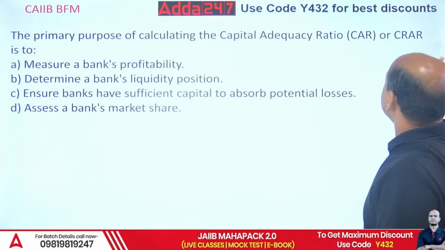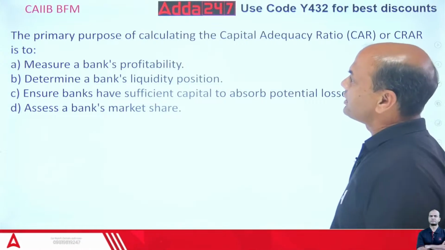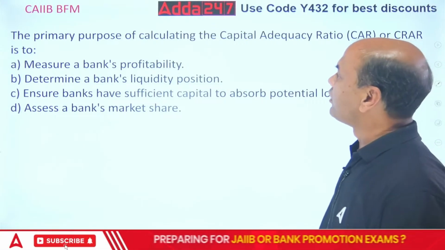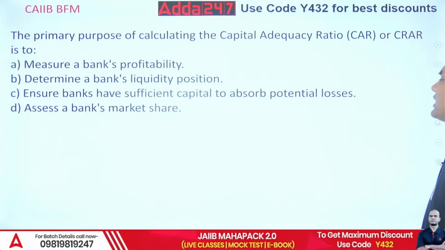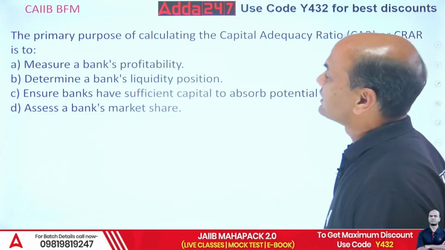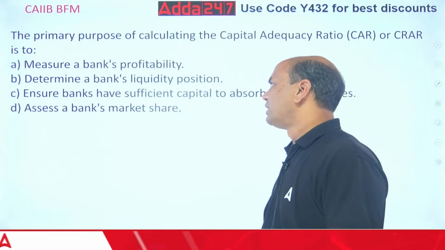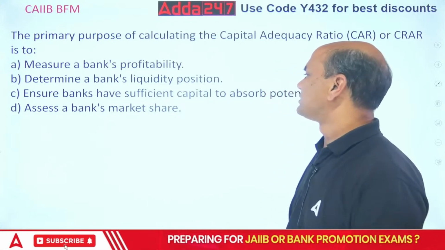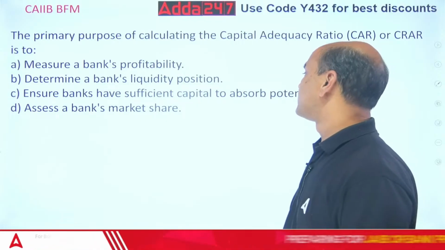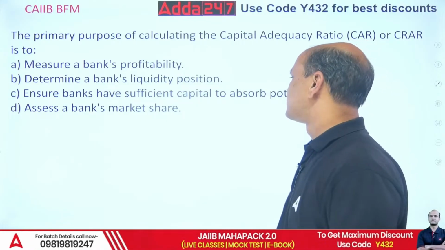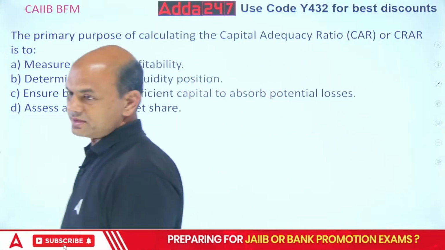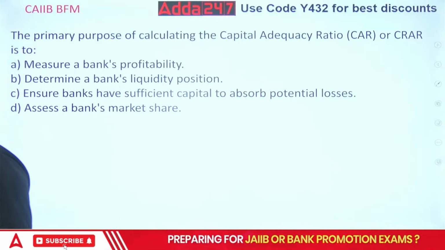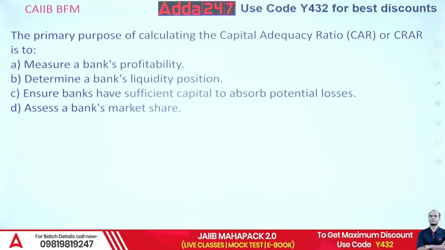The primary purpose of calculating the capital adequacy ratio, CRAR, is to: measure bank's profitability, determine the bank's liquidity position, ensure bank has sufficient capital to absorb potential losses, or assess the bank's market share. Now this is what you'll have to think. Everyone, check this. What should be the answer over here?